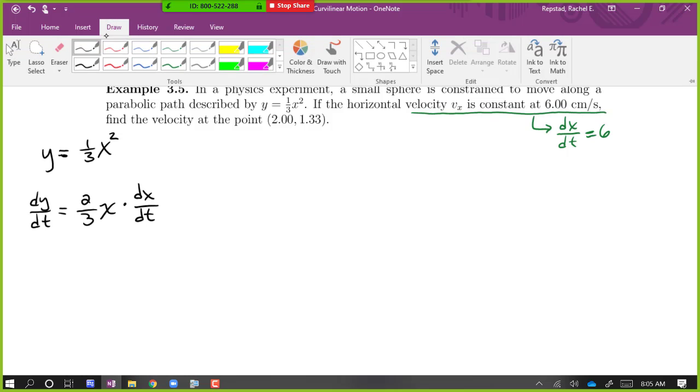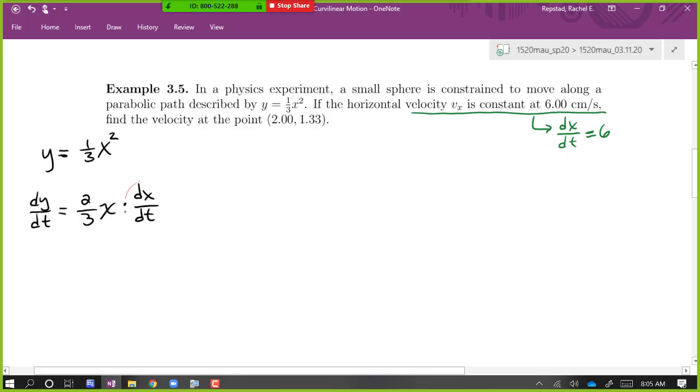So this is the chain rule for implicit differentiation. And we know what it's equal to, it's constant at 6.